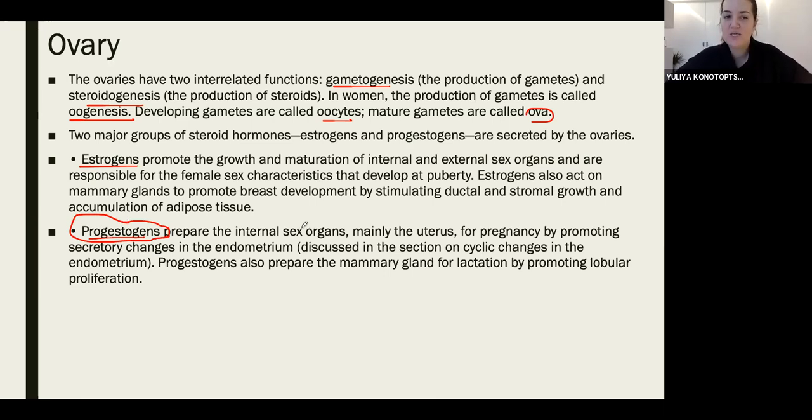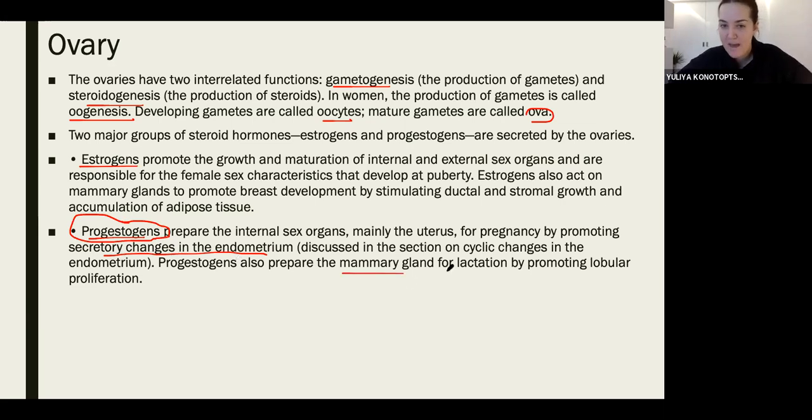For example, what is in the best interest of embryo? To have a super, super nice endometrium, right? Where it will be implanting, as you remember from last semester. So progesterone will achieve that, okay? So it will be promoting the secretory changes of the endometrium. What is in the best interest of embryo?